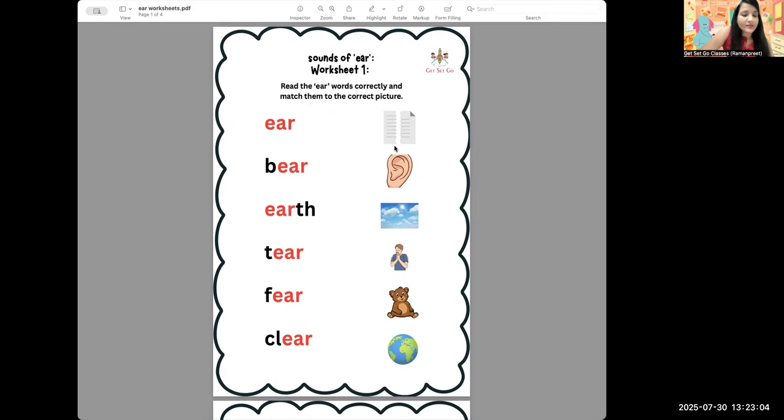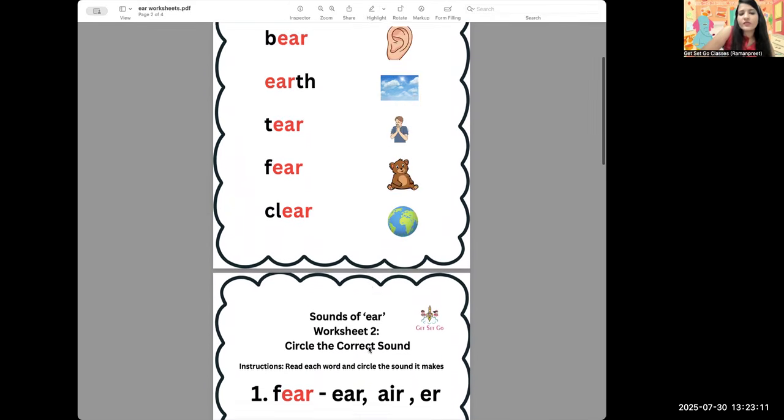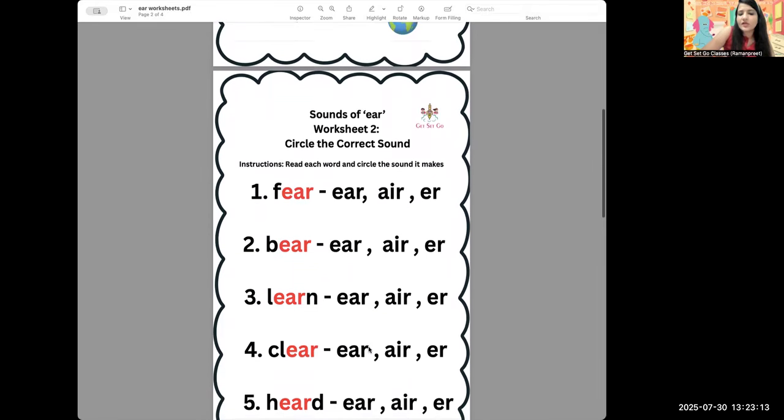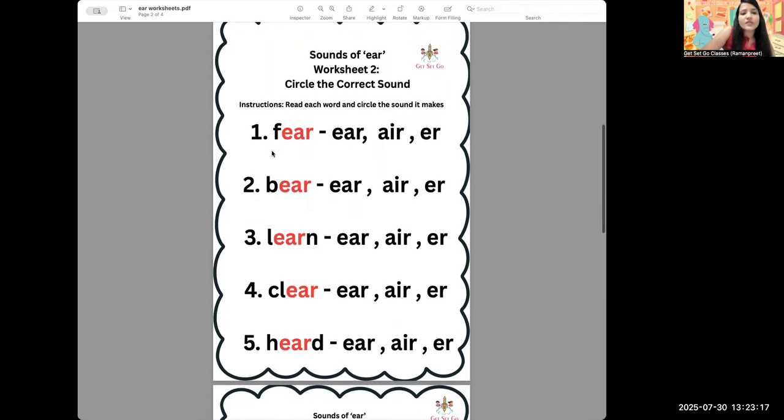Oh, sorry, this is tear basically. Then fear and clear. Now, this is worksheet number 2. So we move from easy to a little complex. Here they have to read the word correctly and sound the correct sound that they hear. So fear, is it air or ear? What sound is it? How do you read the word?